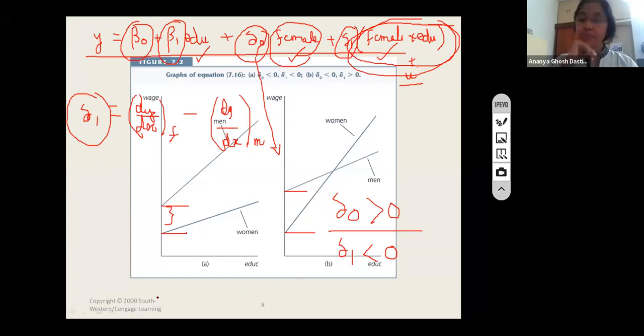So it is telling me that at one level, if you look at people with 0 number of years of education, then the male intercept is higher than the female intercept, which is beta naught plus delta naught. Sorry, this is wrong.